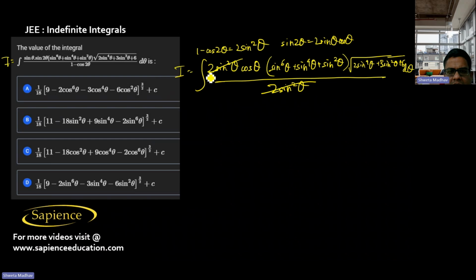So 2 sine square theta will get cancelled.